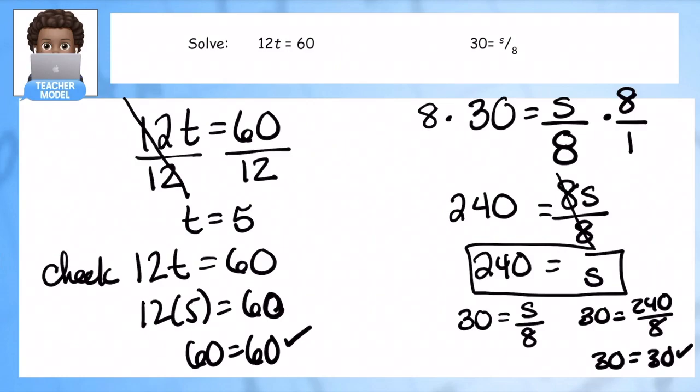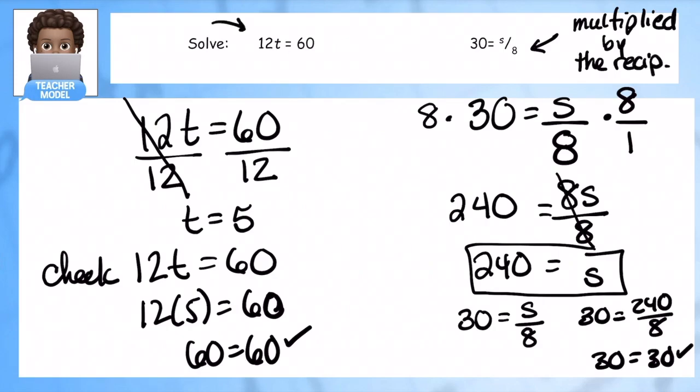So, big takeaways. When we are multiplying, when you have a coefficient in front, you can divide by that coefficient to get your variable by itself. If your variable is being divided by a number, we can multiply by the reciprocal. So that's all I did here. I multiplied by the reciprocal.